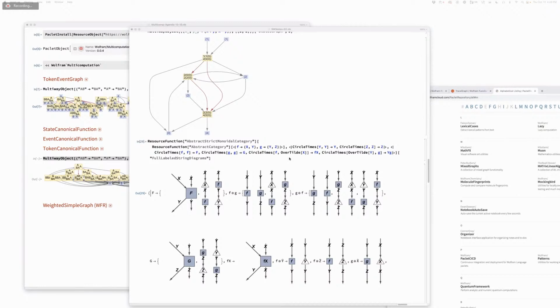In particular, the thing I like about the global multi-way representation, and probably also the token event graph representation, is that you've essentially got two tensor product structures: tensor products of tokens in space, and tensor products of tokens across branches. And the tensor product of tokens across branches is necessarily commutative.